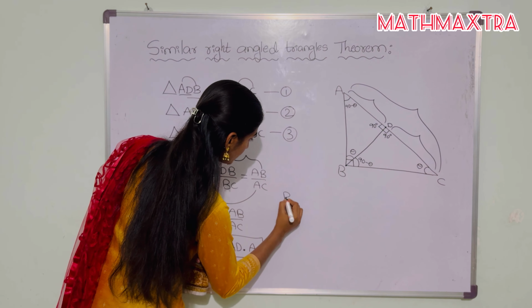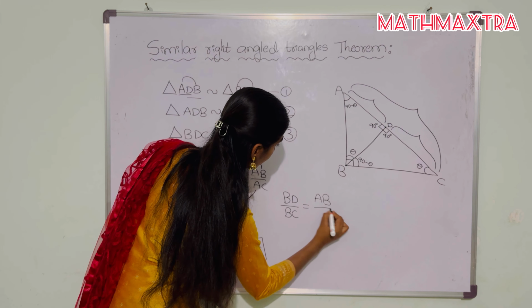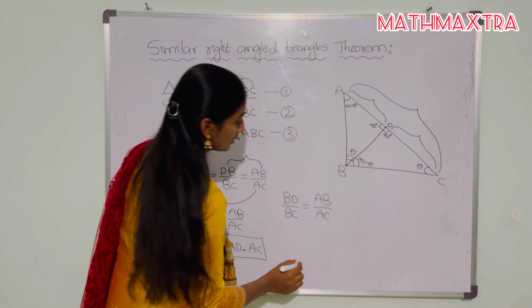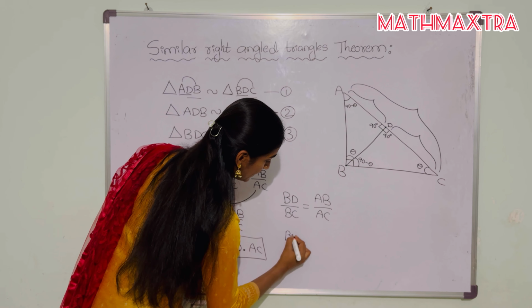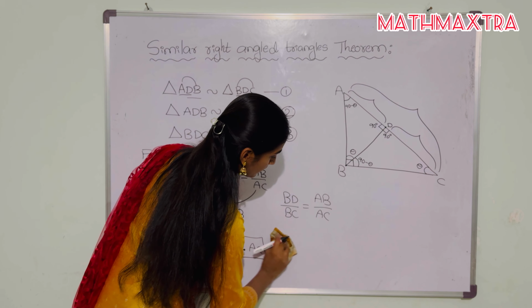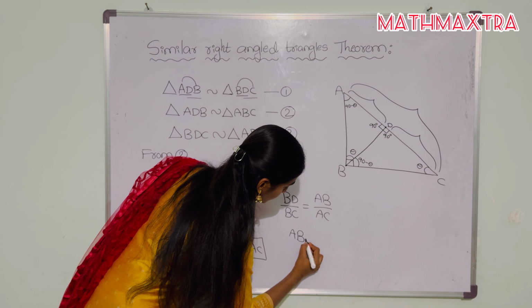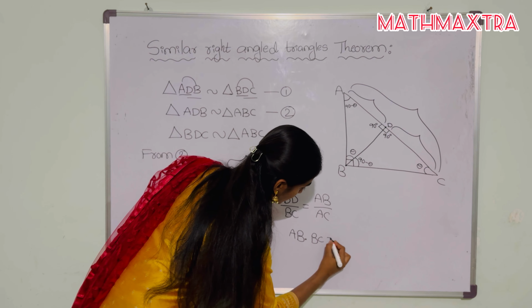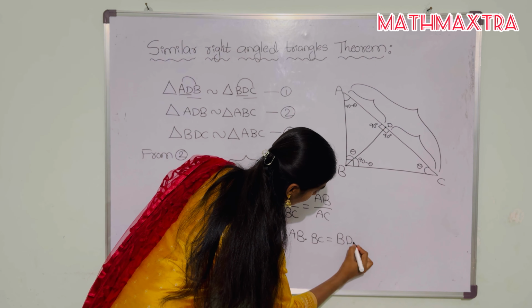BD by BC is equal to AB by AC. So now we can write AB into BC is equal to BD into AC.